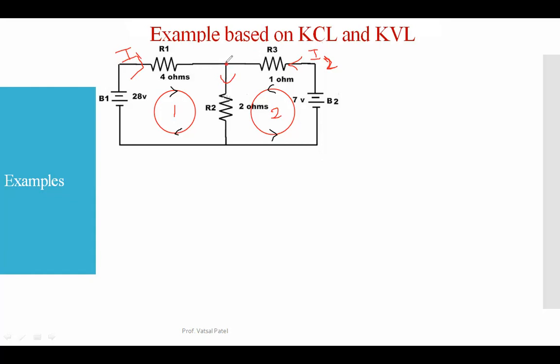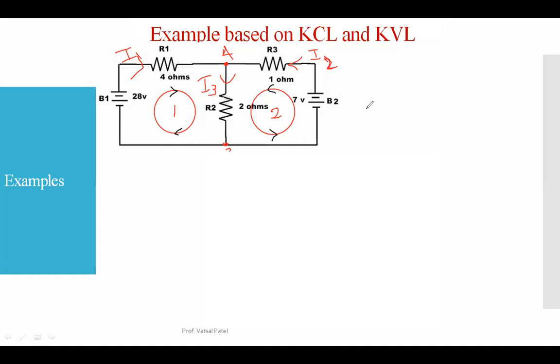Let's say this is junction A and this is junction B. So at junction A, if we identify the I3 component, what will be the I3 value according to the KCL? Yes, Vishwajit, your answer is correct.